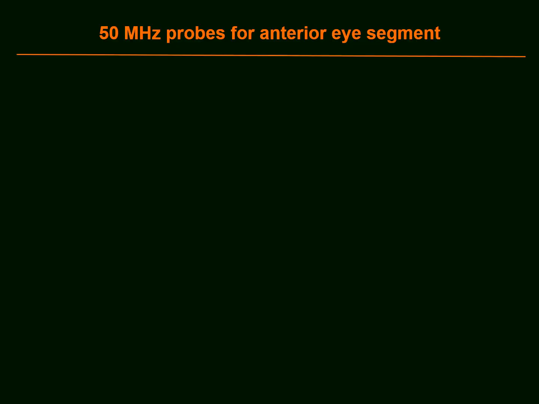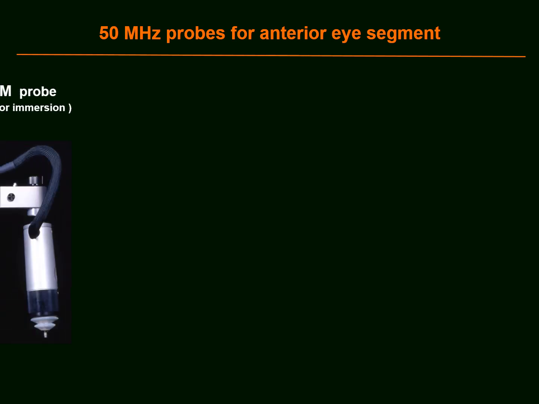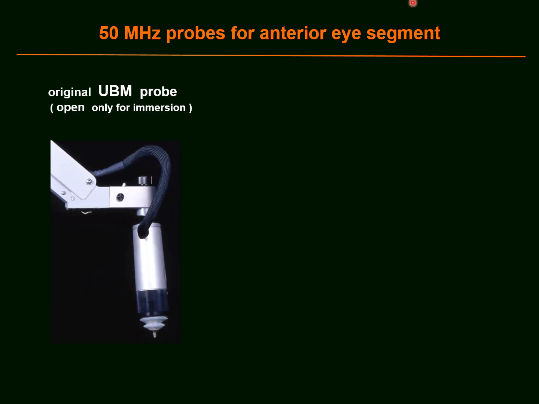50 megahertz probes for the anterior eye segment. It all started with the original UBM probe that was open and only for immersion technique. Here you see the transducer on the tip of the probe. This transducer was shifting back and forth quickly in front of the cornea, and one had to be very careful not to touch the cornea.